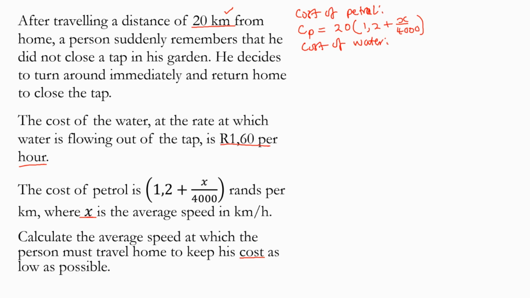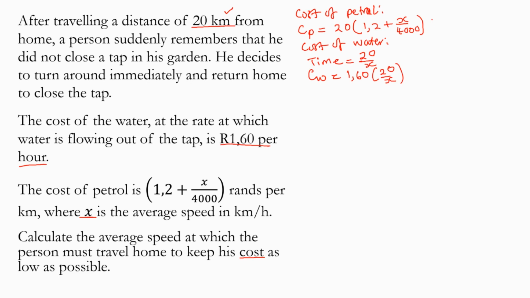Right, it is 160 per hour. So we need to get the time first. So the time taken here is going to be distance over speed. So distance is 20, then speed is x. So it means time is 20 over x. And then, so it means the cost, let me use W for water, is going to be 160 times 20 over x.